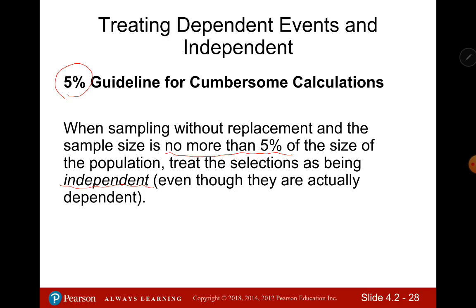Even though they are actually without replacement, we can treat them as with replacement. So make sure you know: big population, small sample, then we treat all the selections as independent, which means we can simplify our multiplication formula. No need to use the conditional probability.